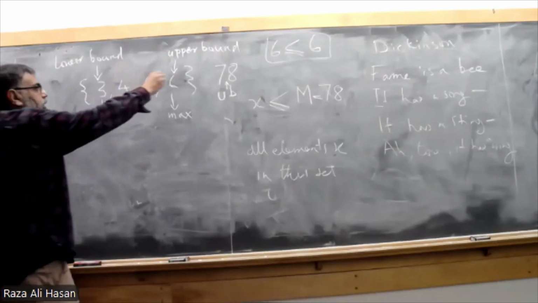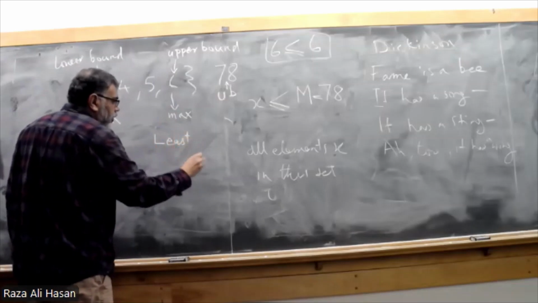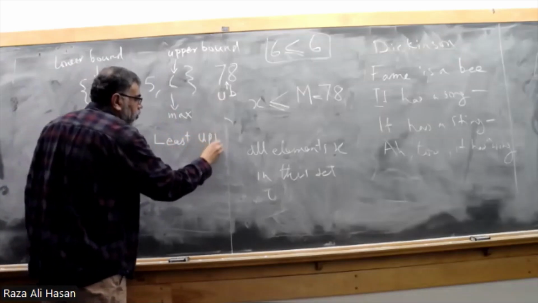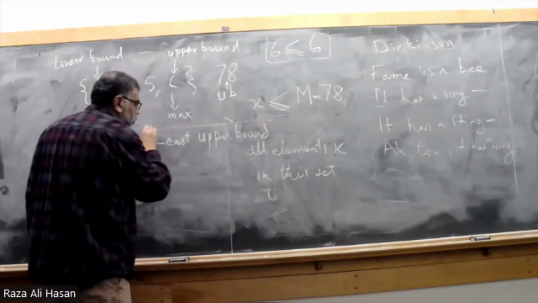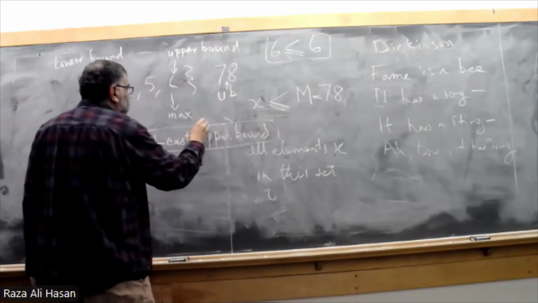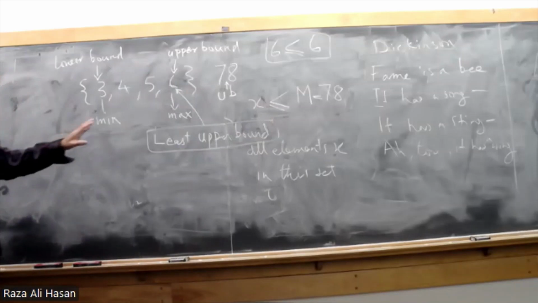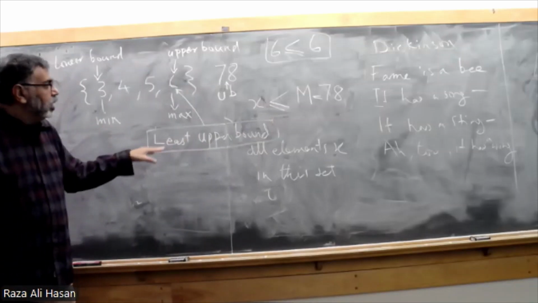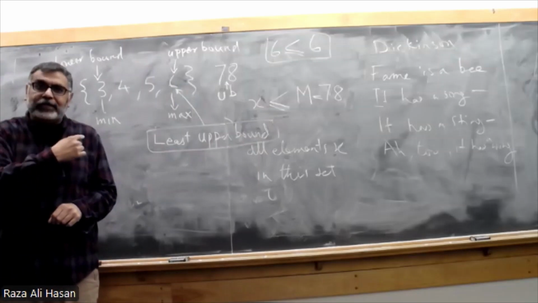So we call this guy the least upper bound. And this is the upper bound that is also inside the set. It's an element of the set as well.